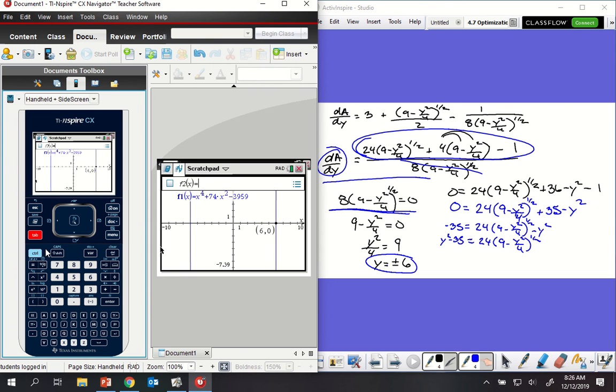So if I do this on the calculator, if I did the calculator earlier, it might have saved me some time. Plus 4, 9, minus squared over 4.